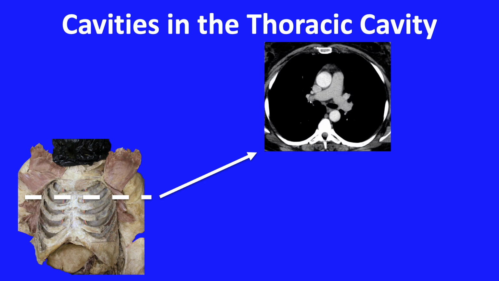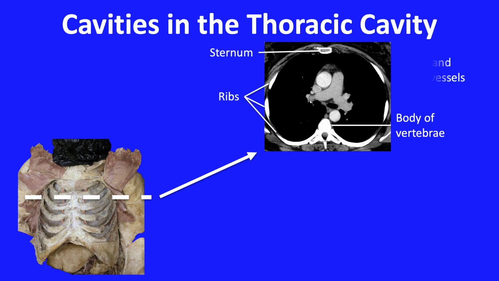This is a classic CT image of the chest. The body of the vertebrae, the ribs, the sternum, and structures of the heart and great vessels are clearly visible, but also a healthy lung is present and visible.